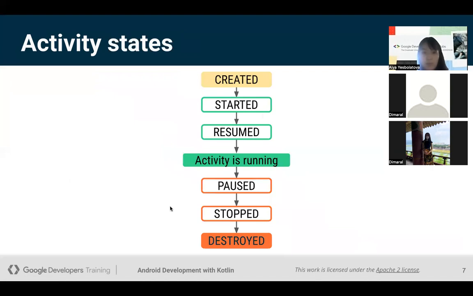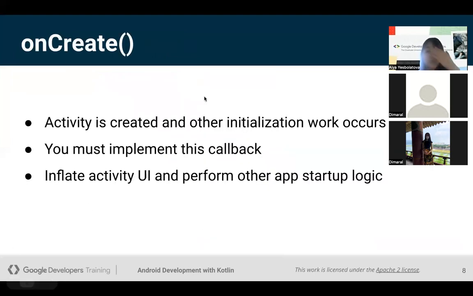So these are the activity states in this diagram. We create the activity, we start, resume, we pause, stop, and destroy. These are the main states of the activity. I'm going to simply describe each of these life cycle states, and then we will have a Colab to practice this concept.